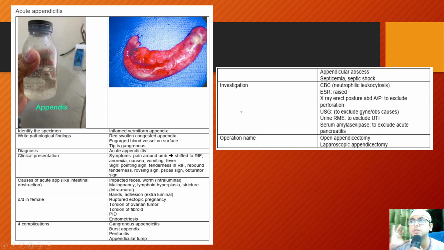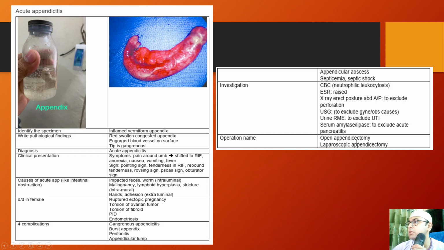There is no specific investigation which is absolute for appendicitis diagnosis, but we can assess appendicitis by different investigations, like CBC, that is complete blood count, erythrocyte sedimentation rate, ESR raised, X-ray erect posture AP view to exclude perforation, and also USG ultrasonography, which is more cheaply available, and urine RME to exclude UTI, serum amylase and lipase to exclude acute pancreatitis.